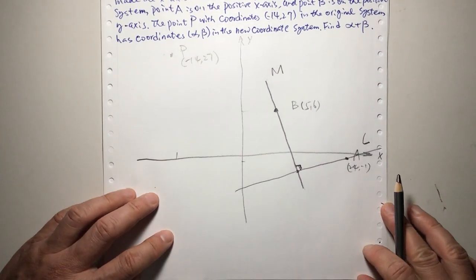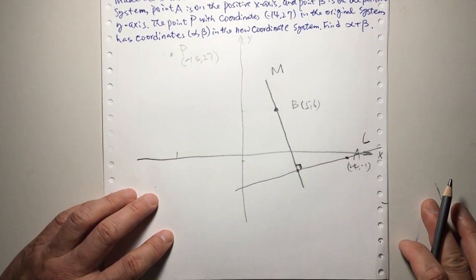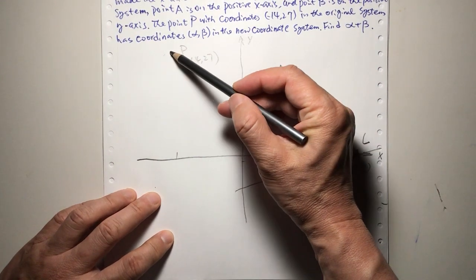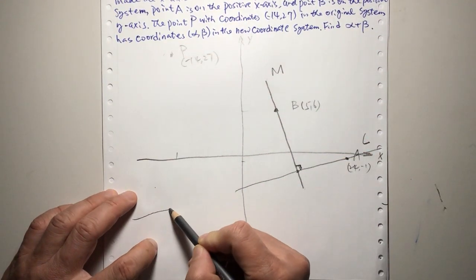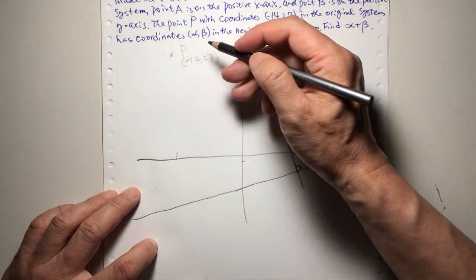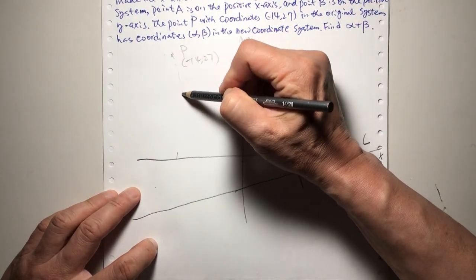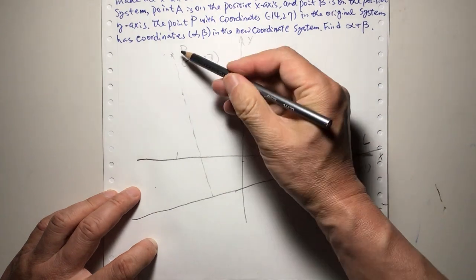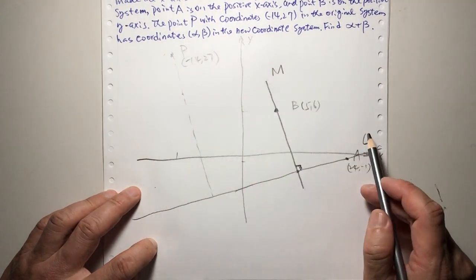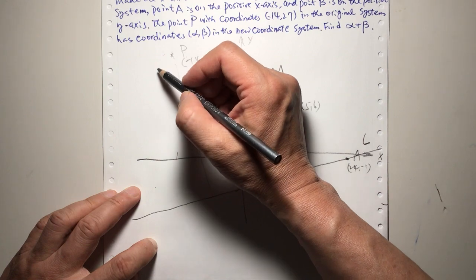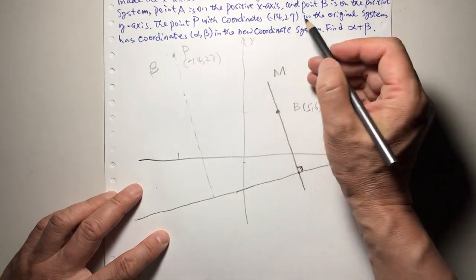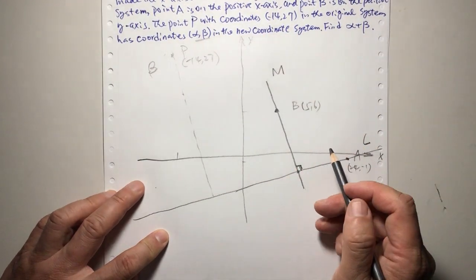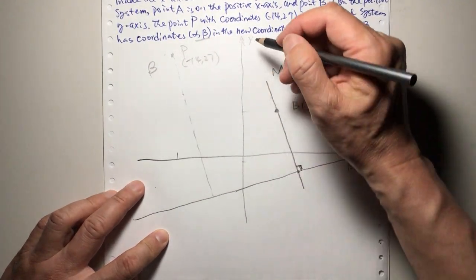This problem is not too hard, right? We just want to know the new coordinates. It means we just need to find the distance from point P to line L, that's the new y coordinate, beta.